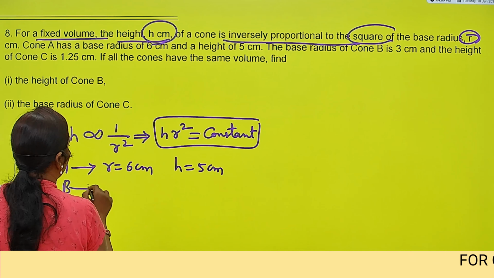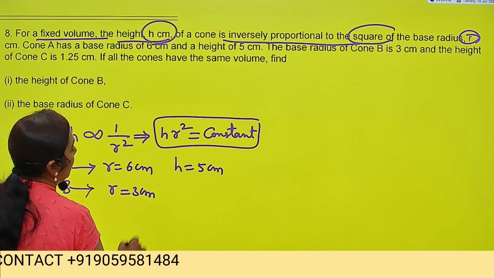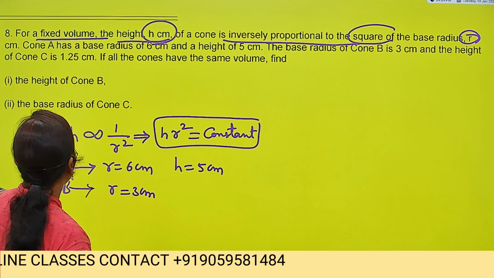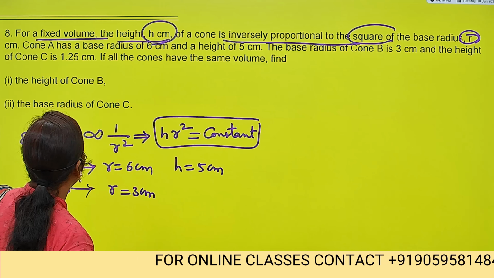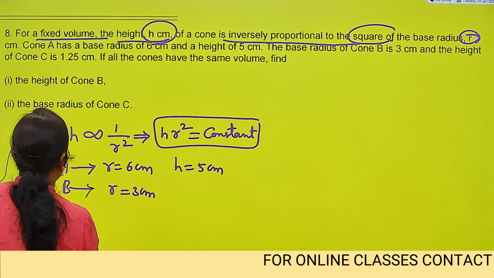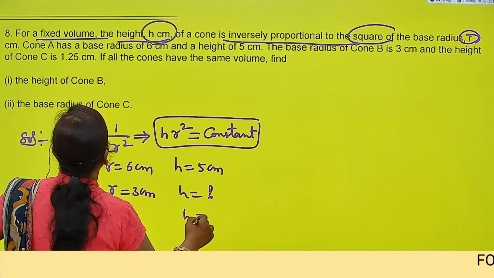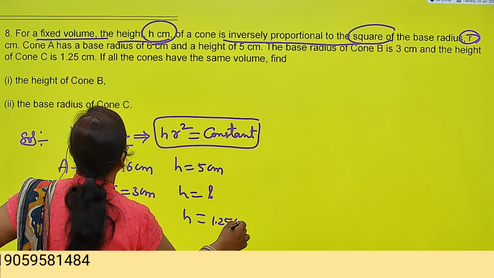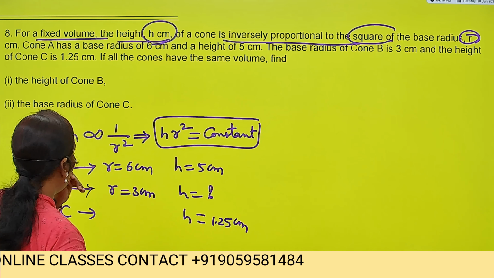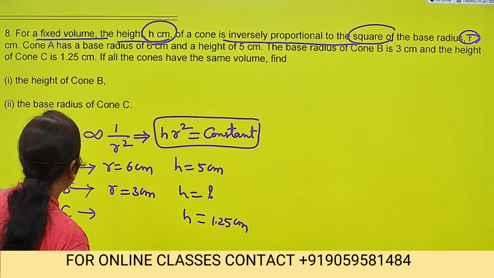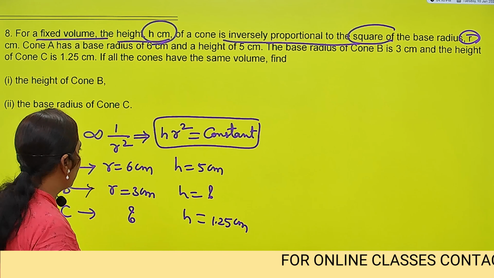For cone B, the radius is equal to 3 centimeters, and the height of cone C is 1.25 centimeters. If all the cones have the same volume, find the height of cone B and the base radius of cone C.